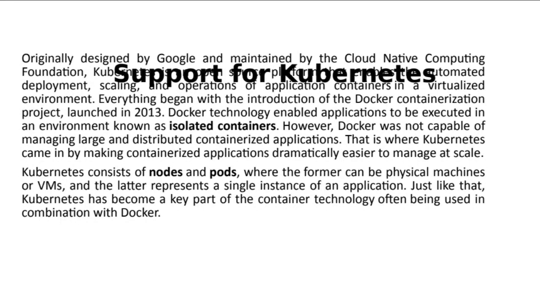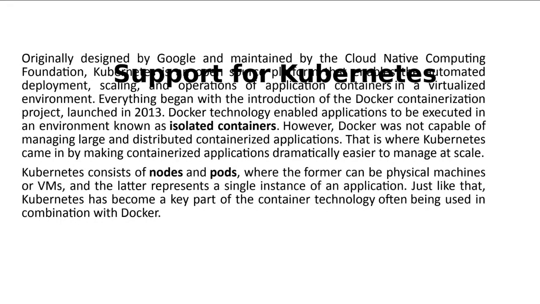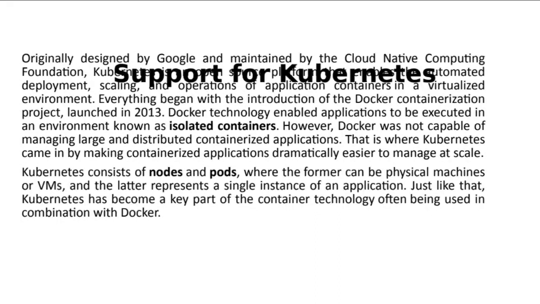When you are using Hyper-V, you save an instance, so if something happened, you can go back to that instance of your hard disk. That's called a pod. You see here, the nodes can be physical machines or VMs, that's what a node is. A pod is a single instance of an application.